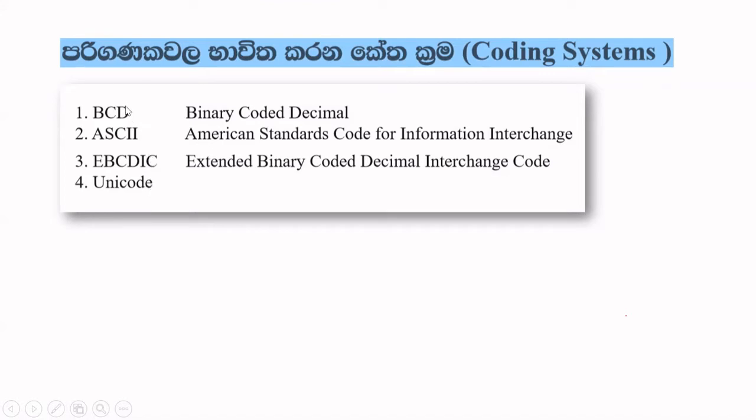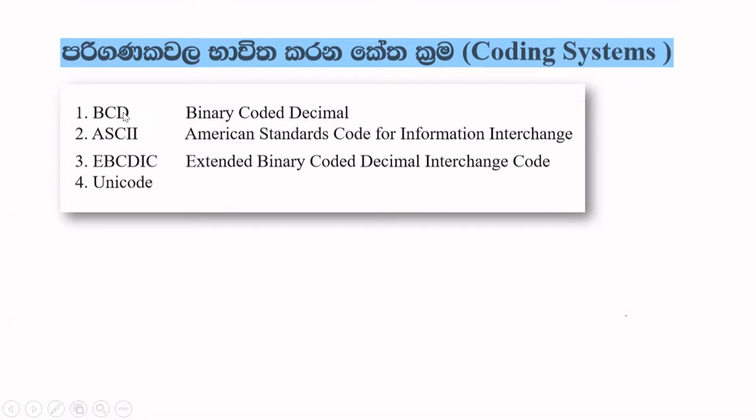So we have to go through these coding systems. First of all, you should remember that only BCD denotes numbers, but ASCII, EBCDIC and Unicode represent numbers, text, pictures and all.